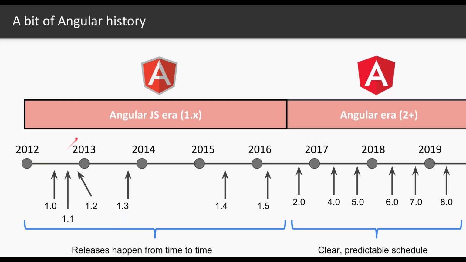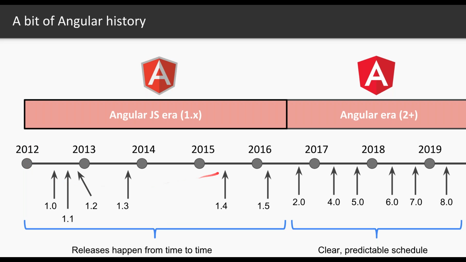AngularJS is the name for Angular 1.x. All of the version 1s are now known as AngularJS. Its lifespan was from 2012 to about 2016, when Angular 2, which is known as just Angular these days, was released.